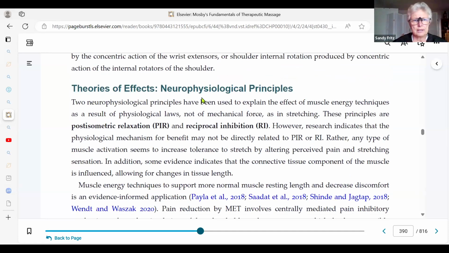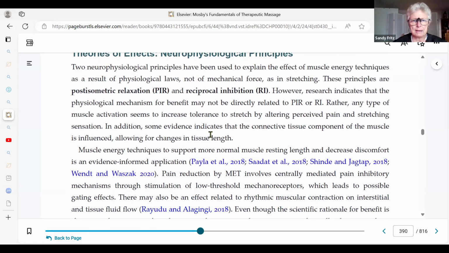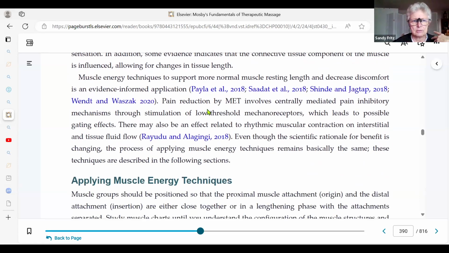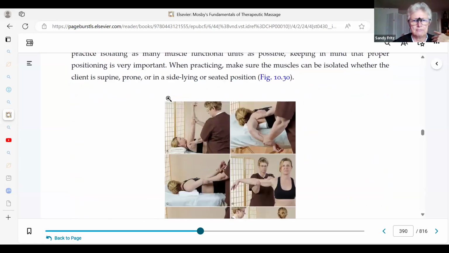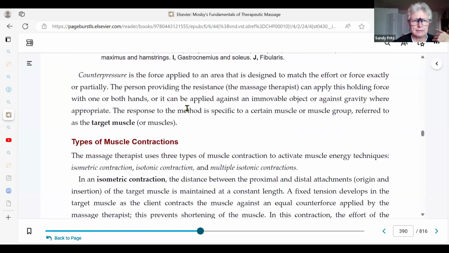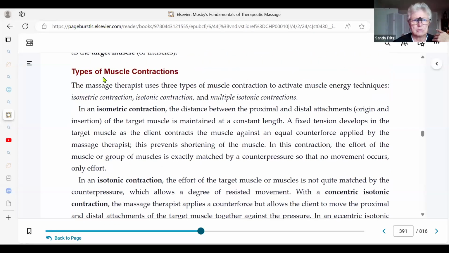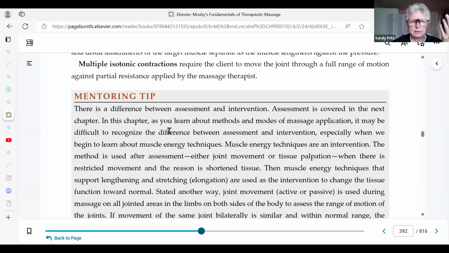So these are the theories of effect. The general idea now is that pushing and pulling increases the tolerance to a stretch sensation. And then here are the various ways that you can apply this. Because this method uses a specific type of muscle contraction, it's important that you have the terminology and the definitions of that.